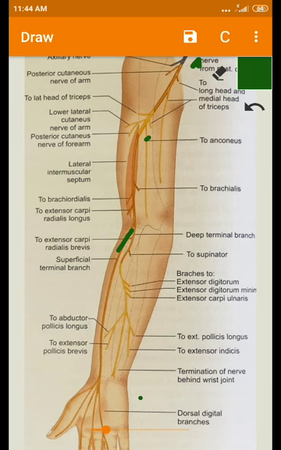Okay, the superficial branch continues on the lateral side of the front of the arm, and it is present lateral to the radial artery. What are the relations to the radial artery? It is also related to this superficial branch of the radial nerve.